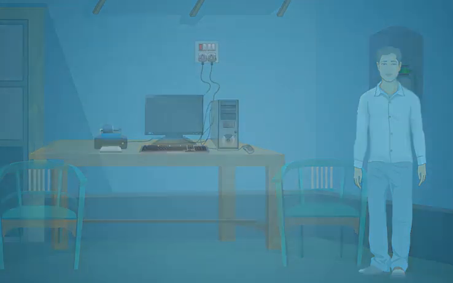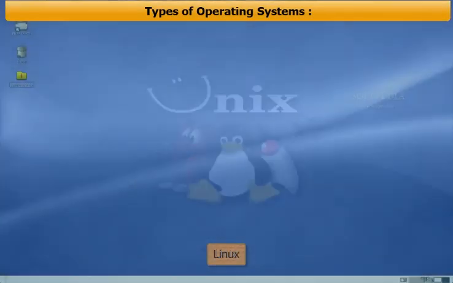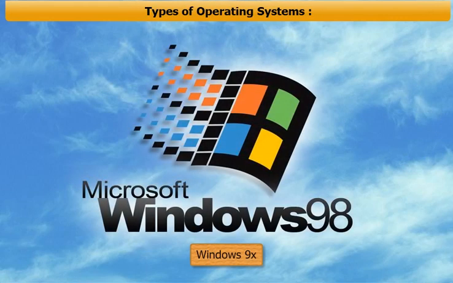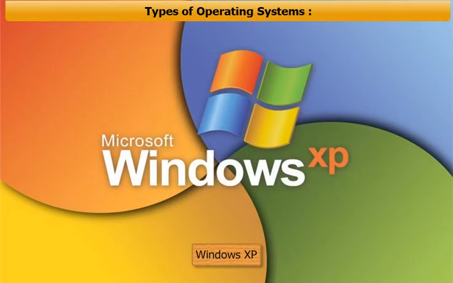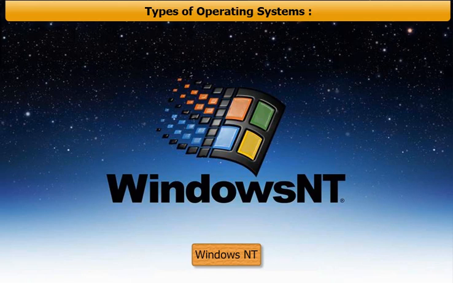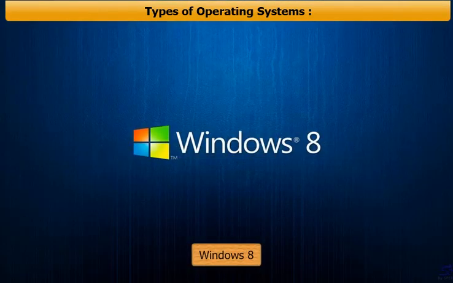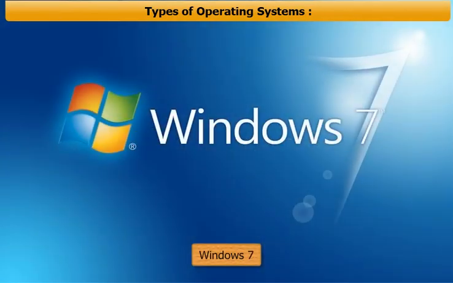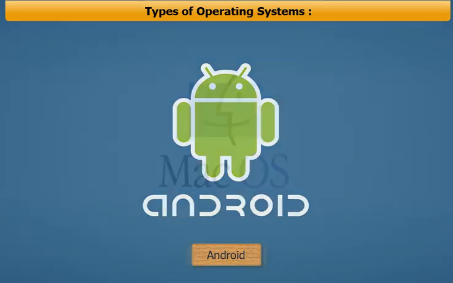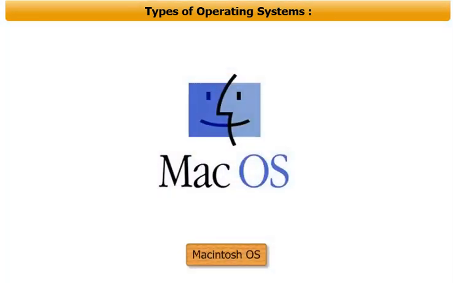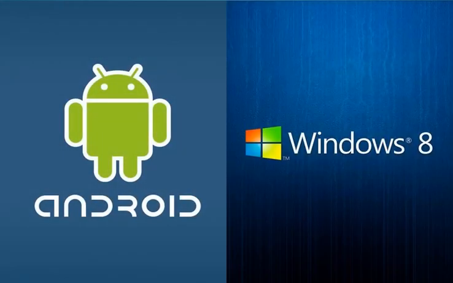Some famous ones are Unix, Linux, Windows 9X, Windows XP, Windows NT, Windows 2000, Windows 8, Windows 7, Android, Macintosh OS. All these operating systems have some unique features. Android and Windows 8 are also used in mobile phones.